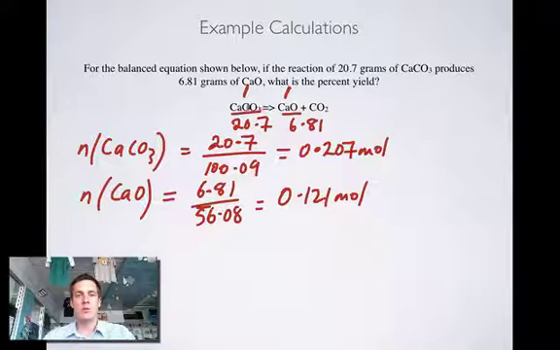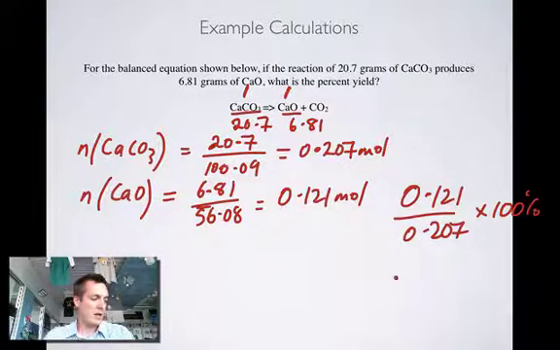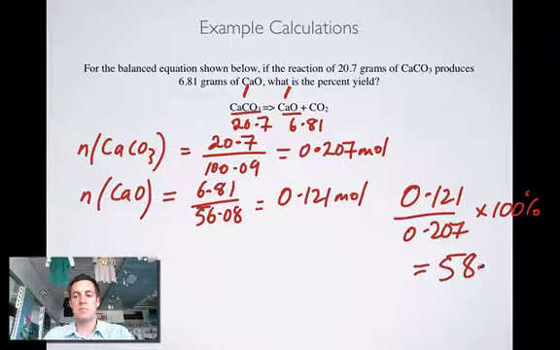This mole ratio is telling us that if we started with 0.207 moles of calcium carbonate, we should have got 0.207 moles of calcium oxide. But we didn't, we only got 0.121 moles. So what is 0.121 as a percentage of 0.207? That's how we find that out. Let's do that, and that gives us 58.7%.